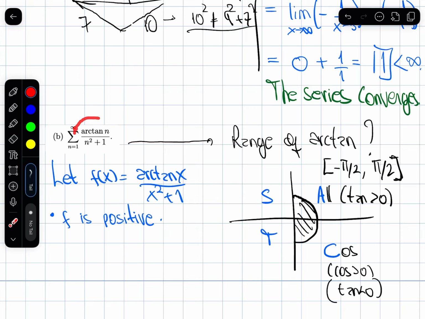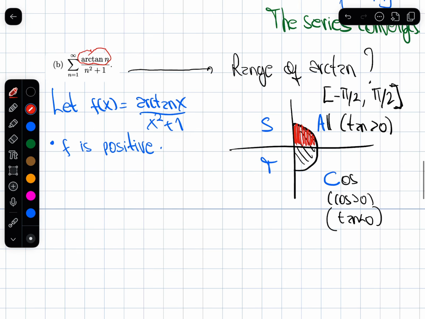Maybe that was a little bit of a convoluted explanation, but these angles are in the first quadrant. Arctangent of n for n natural only lives in the first quadrant. And so, that's all just to say that f is positive.